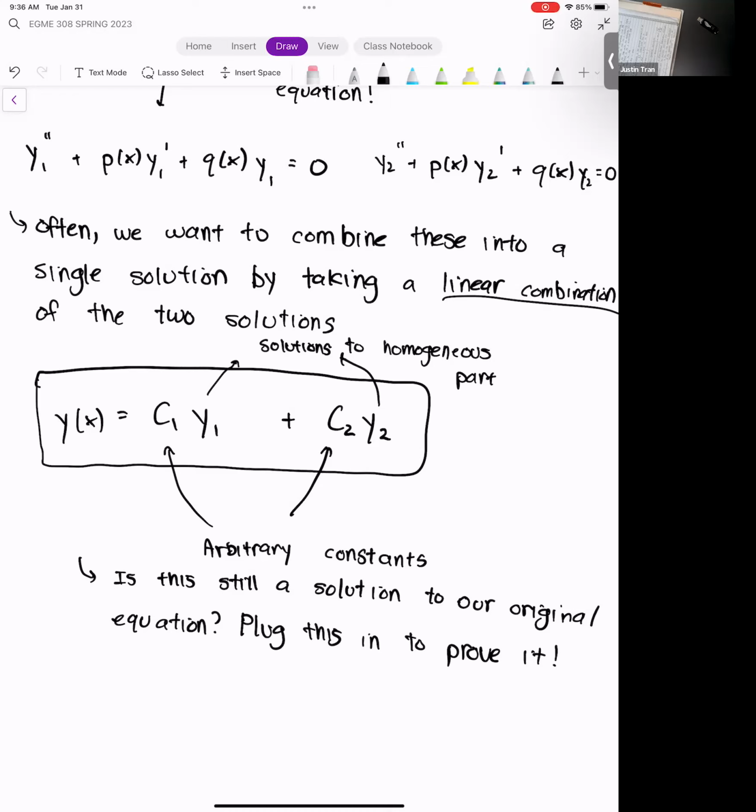The details of that proof are in the notes. It's more boring and tedious than it is exciting, but the conclusion is yes, it is still a solution.